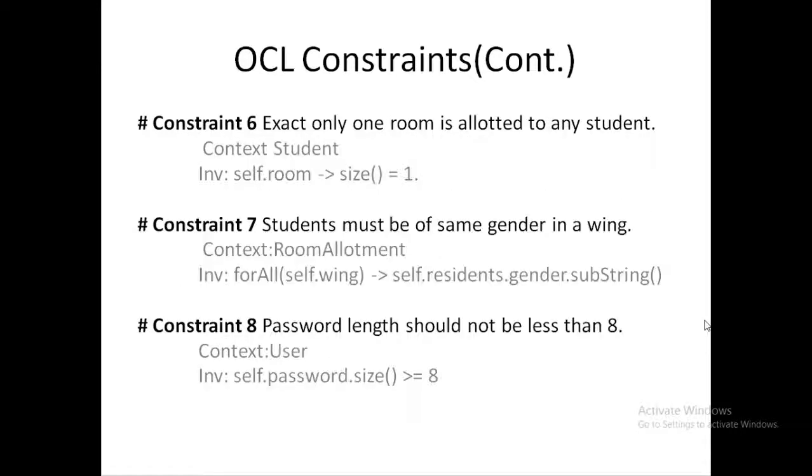Next constraint: exactly one room is allotted to any student, so the size of the room is 1. Next constraint: students must be of the same gender in a wing, so for all wings the residents' gender should be male.